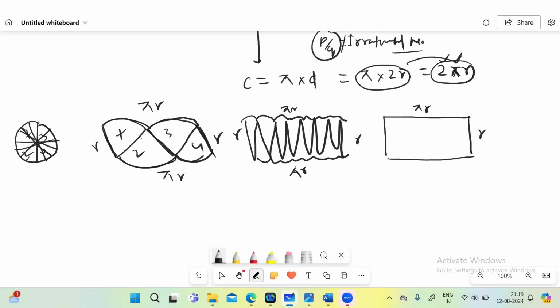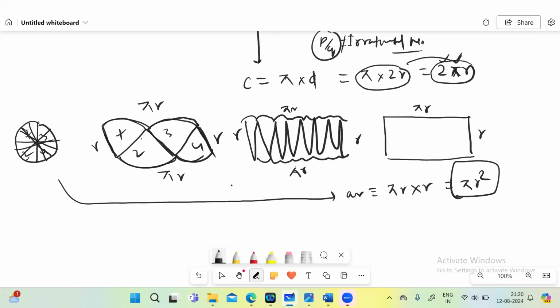In this way, you can easily say that the area of a circle is pi r into r, which is pi r square. With this we have completed the entire area part.